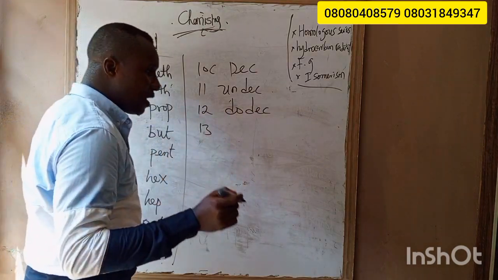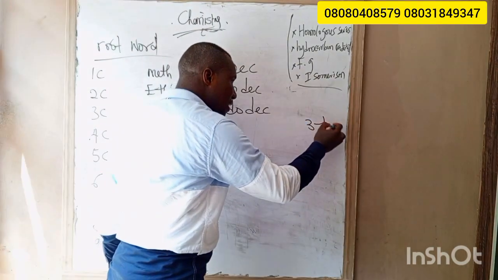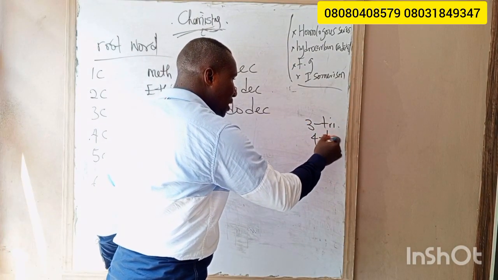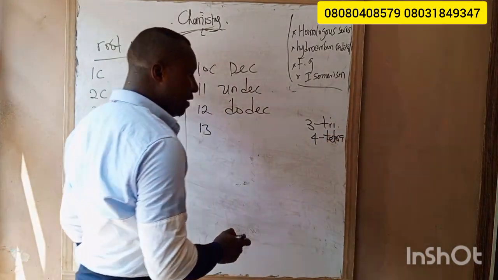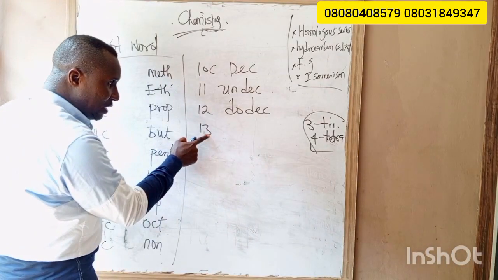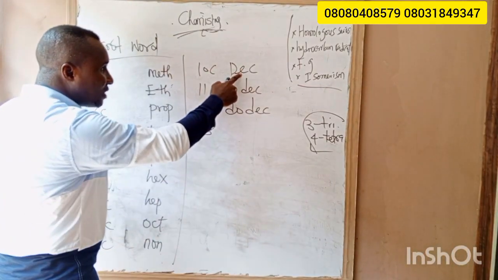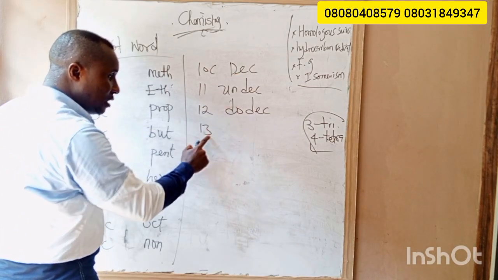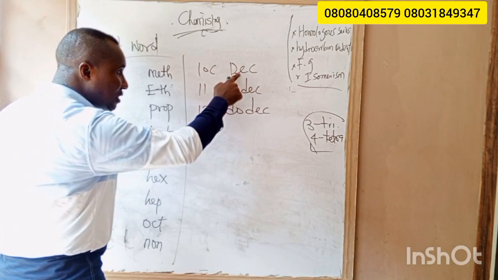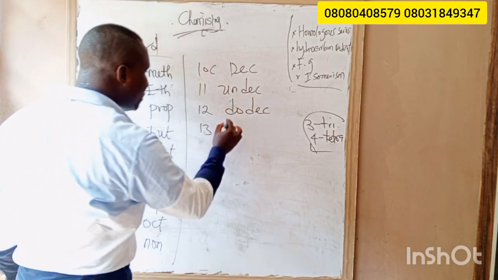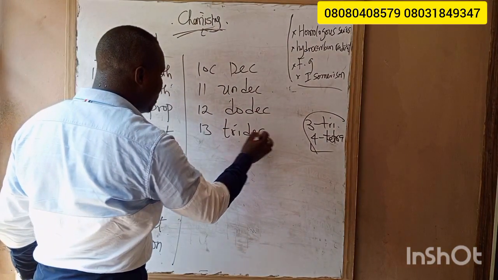For 13, don't forget, 3 means tri and 4 means tetra. Take note of that. Then 13 works because we have 3, which is tri, and dec is 10. Then 10 plus 3 is 13, so we have tridec.